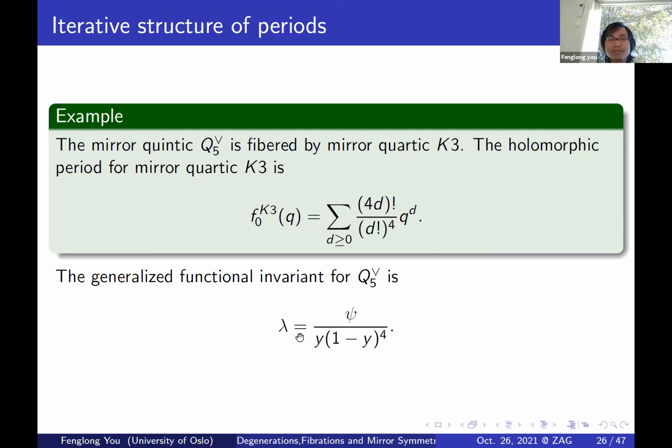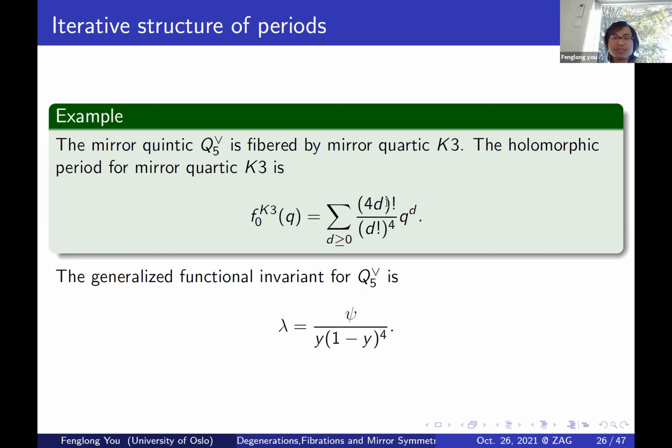The way to get to this rational function is that we can write down an explicit equation for the mirror quintic, and we can also write down an explicit equation for the mirror quartic, and there is a map that can be computed, which is this. So this mirror quintic has a fibration structure over P1, and the fiber is the mirror quartic.